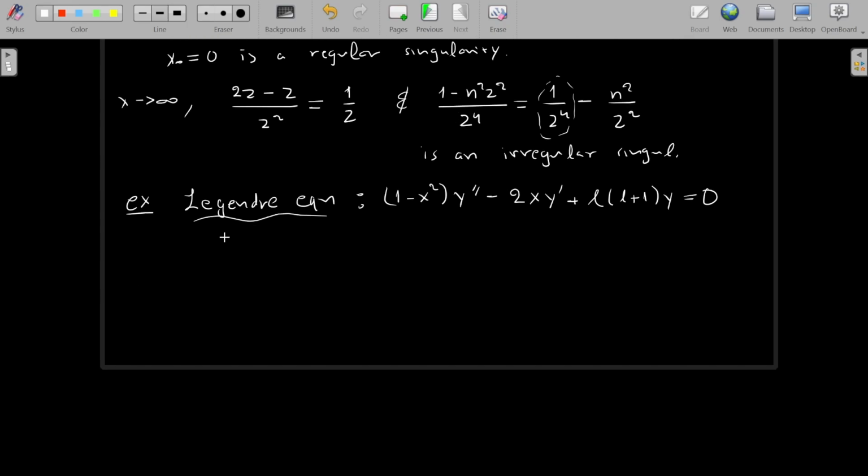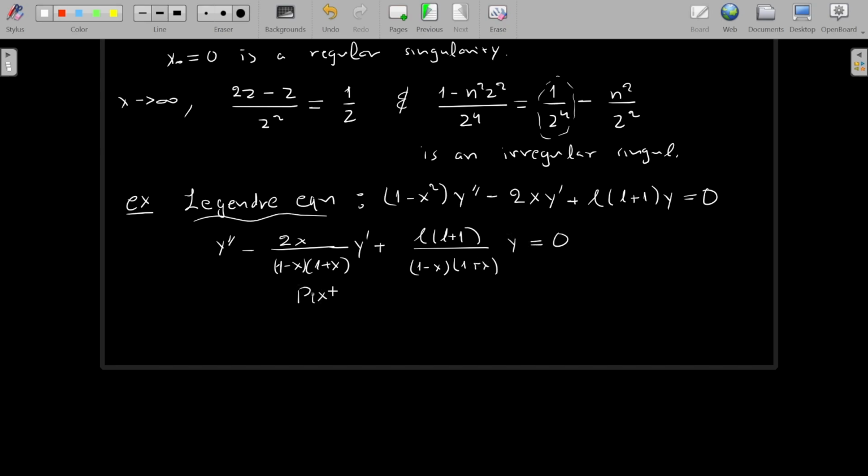Now, if we bring it to the form we want, which is minus 2x over 1 minus x squared, you can write it this way to immediately check for divergences, for poles. So plus, there is a y prime here, plus L times L plus 1 over the same, y is equal to 0. So this is p of x and this is q of x again.